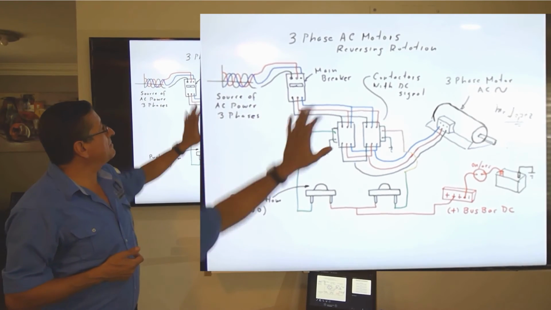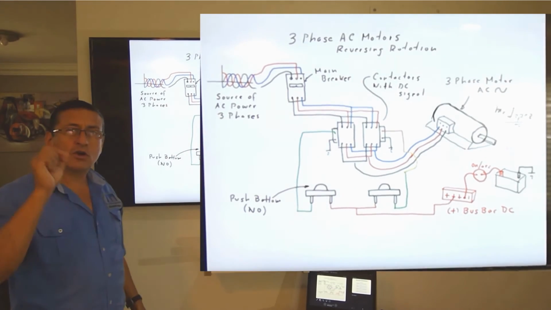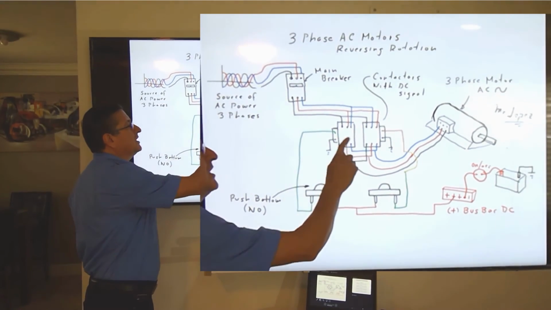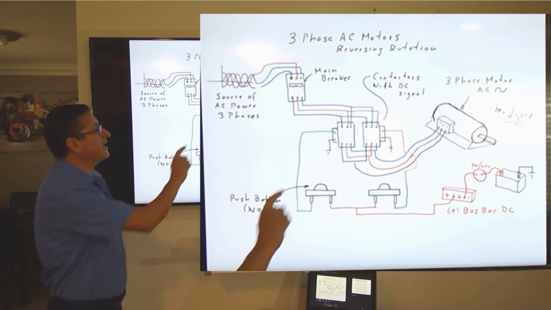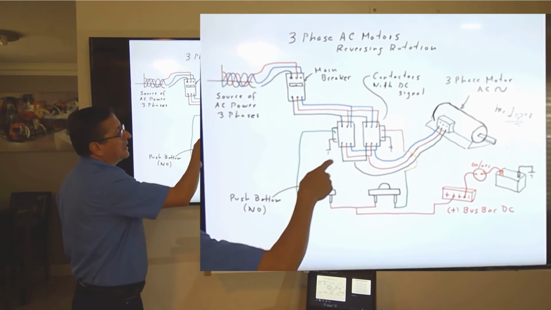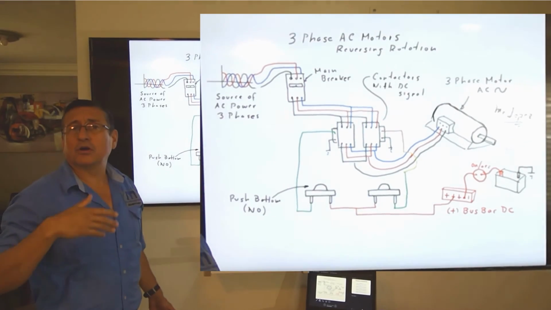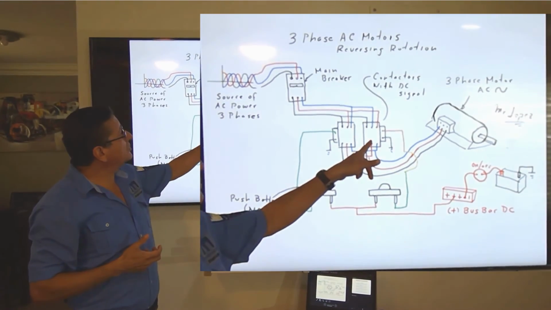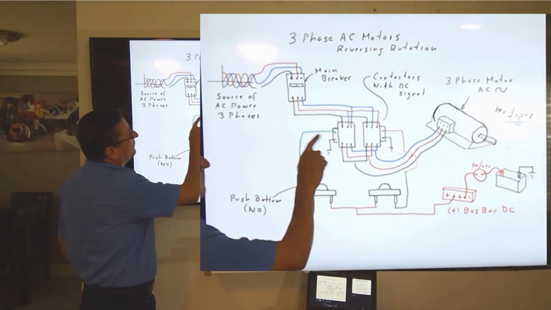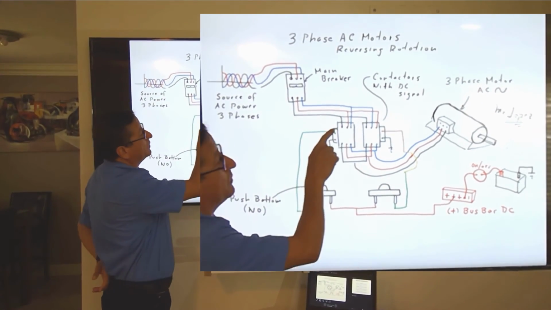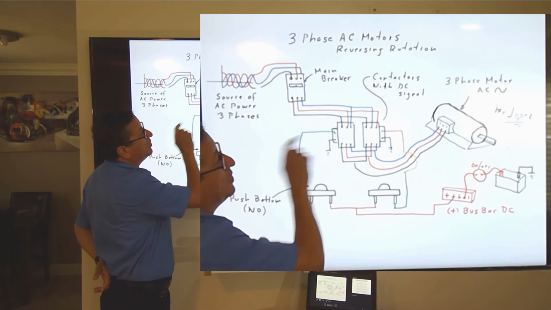The output of the main breaker enters a couple of contactors. I have two contactors here: three inputs, three outputs, three inputs, three outputs. The first contactor is for clockwise rotation, and the second contactor probably for counterclockwise. The first contactor has three inputs: black, red, and blue.